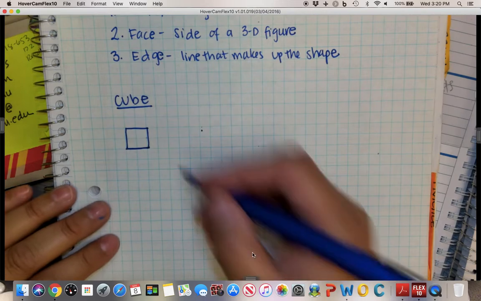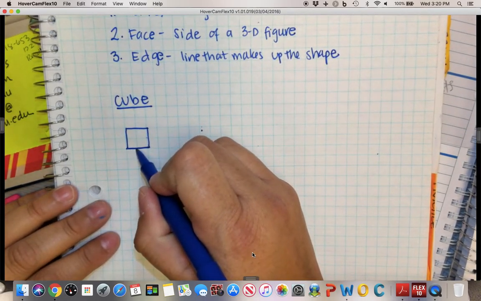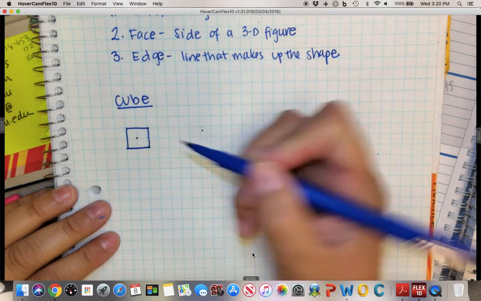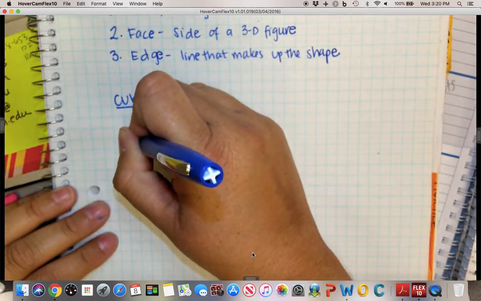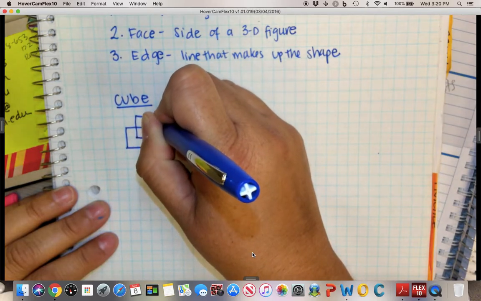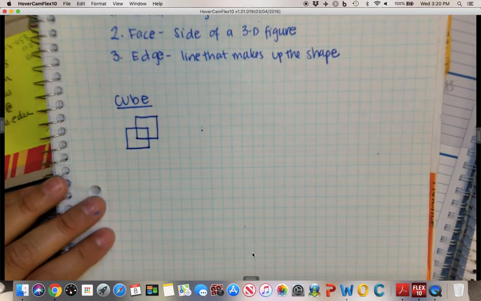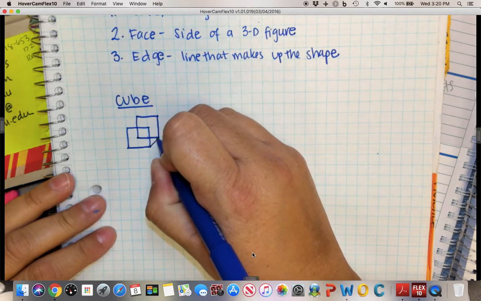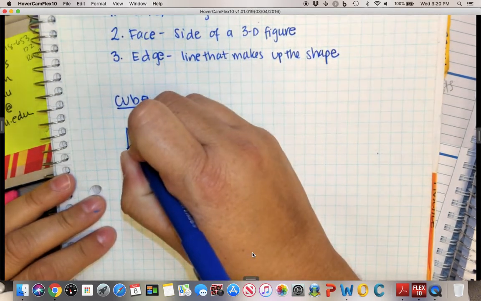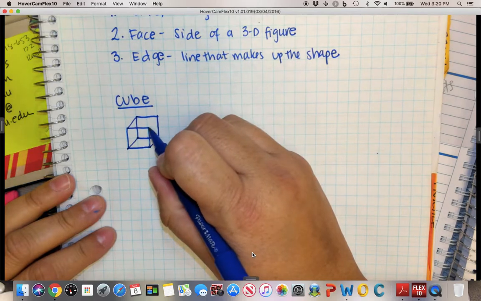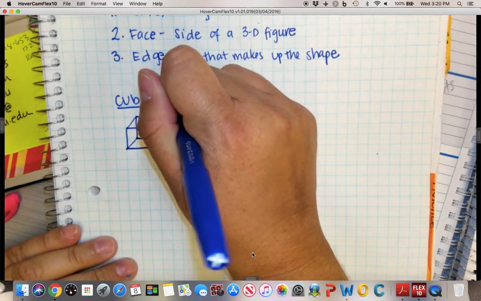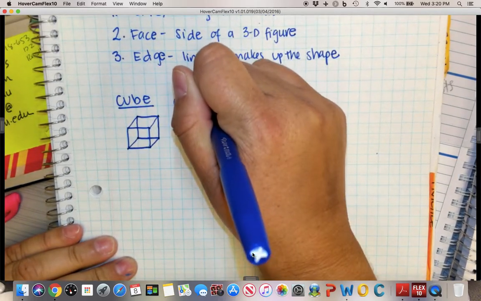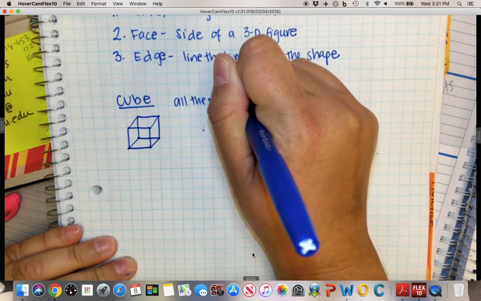And then I'm going to go 1 box over and 1 box up, and I'm going to start another line. And then I'm going to join to make a cube. And a cube has all the same sides.